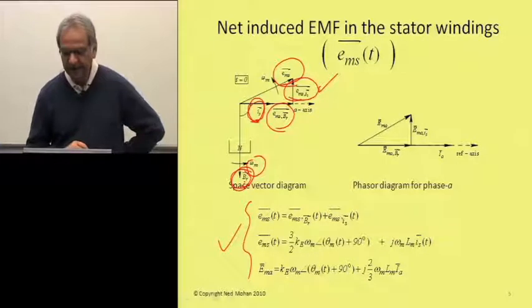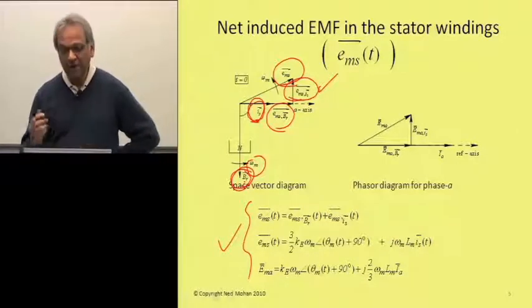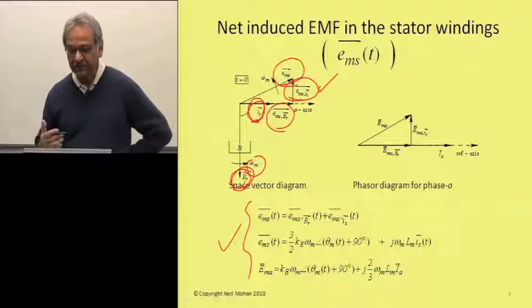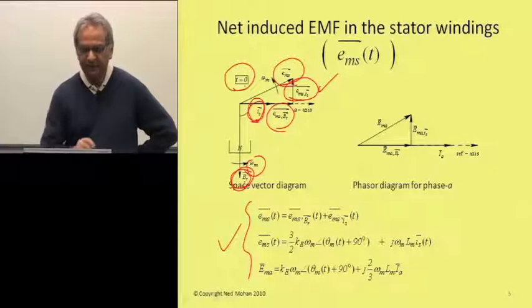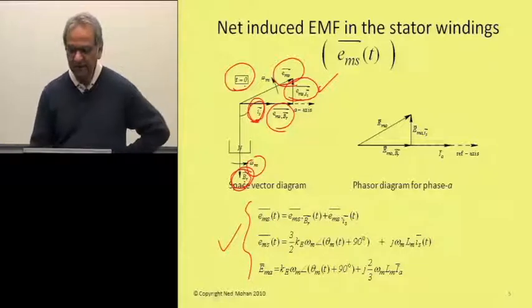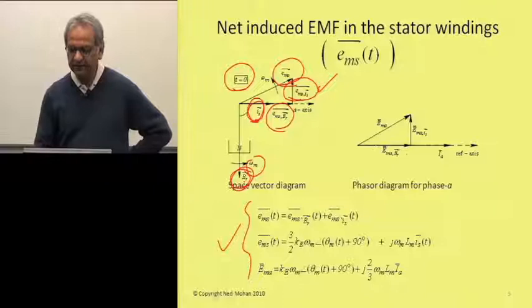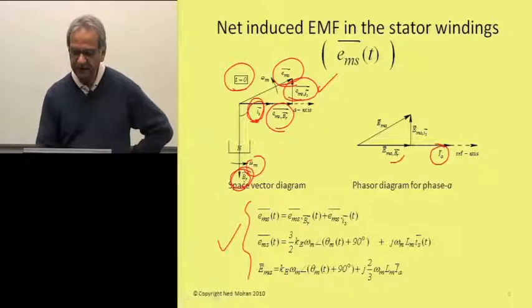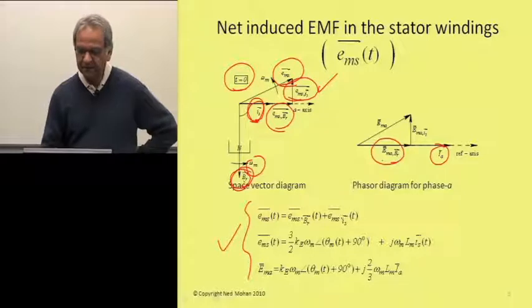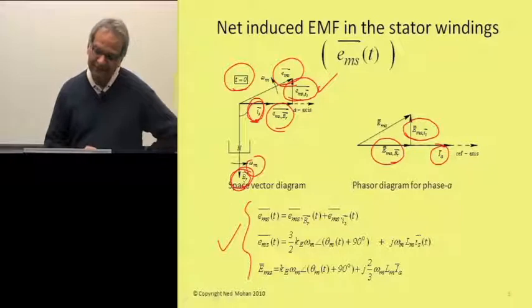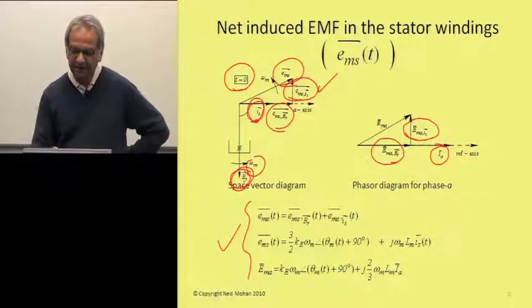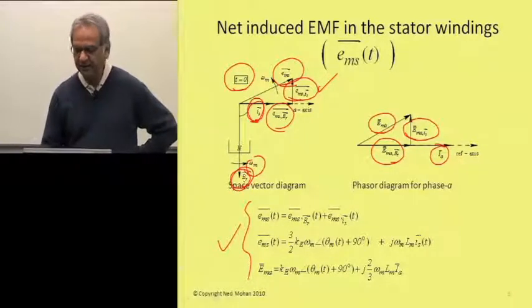Having seen early on the relationship between space vectors and phasors, this is the space vector at time t equal to 0, let's say, and what the various phasors would look like in phase A: the current phasor, the induced EMF due to the permanent magnets on the rotor, the induced EMF due to this rotating stator current space vector, and the net induced EMF as a phasor in phase A.